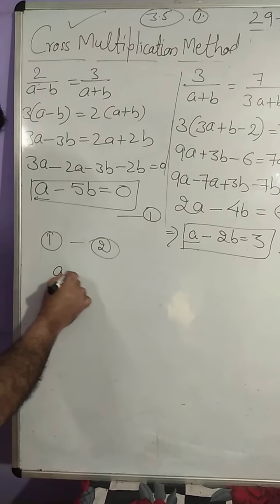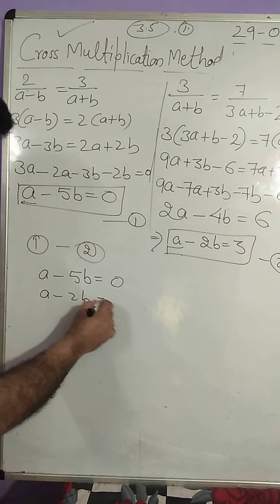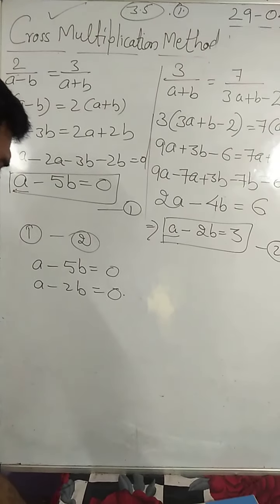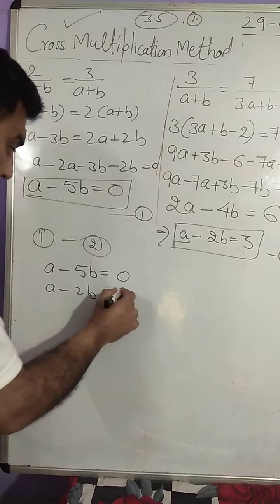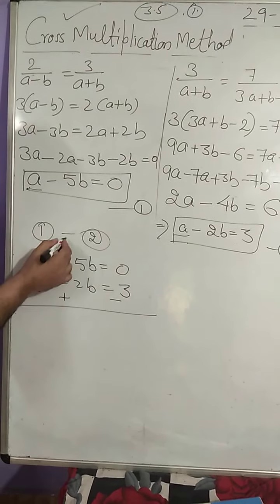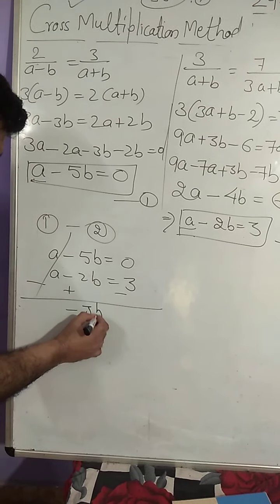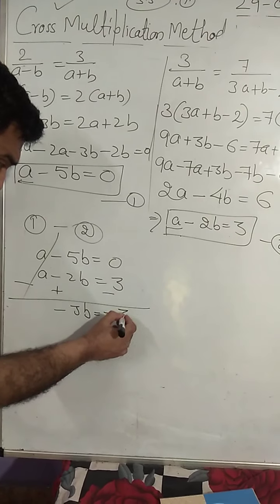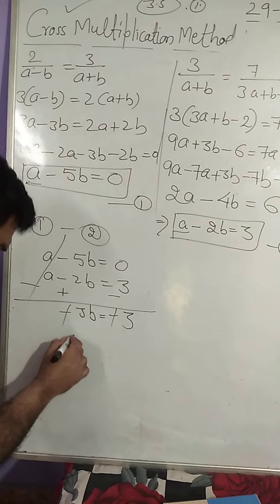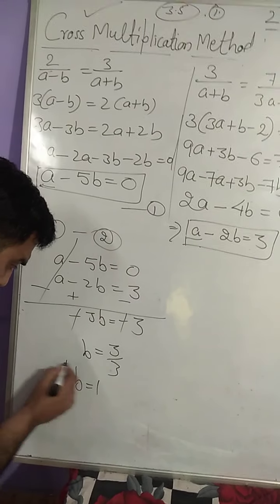First equation, a minus 5b equals 0, minus second equation, a minus 2b equals 3. We are subtracting, so change the signs. a cancels. Minus 5b plus 2b is minus 3b. 0 minus 3 is minus 3. Minus cancels. b equals 3 over 3. So b comes to 1.